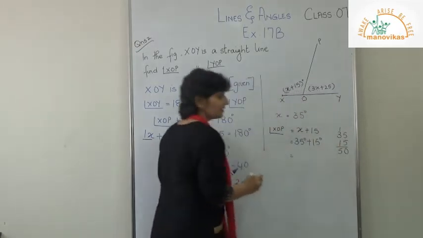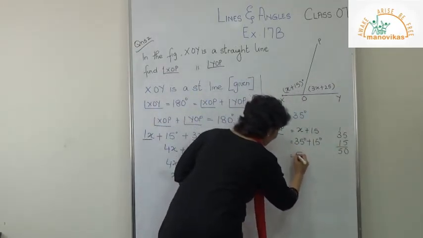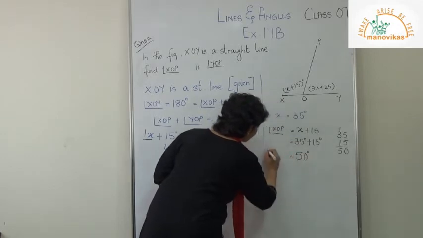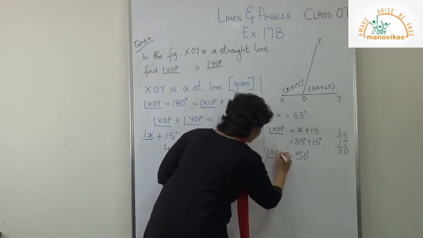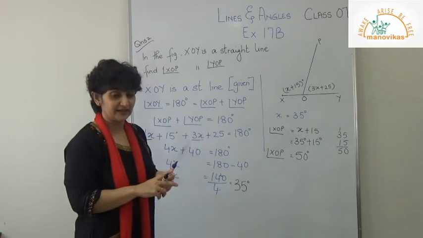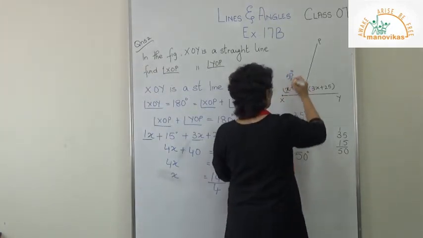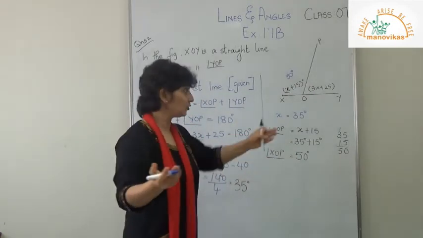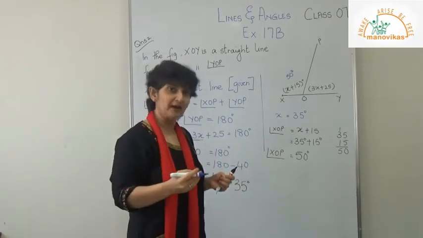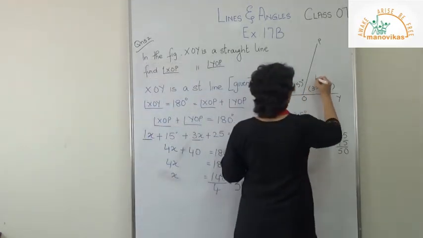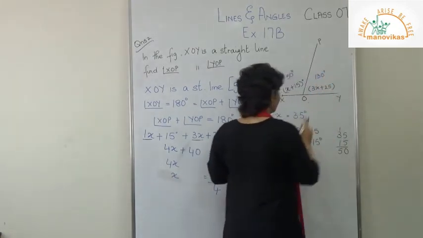So, angle XOP is equal to 50 degrees. Now that you know this is 50, children, you know this is a straight line. You can directly do it as 180 minus 50, that would give you 130 degrees.